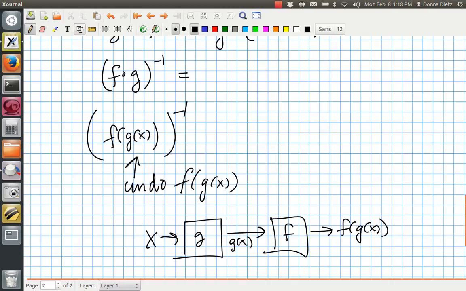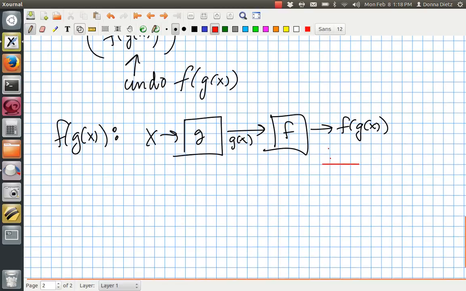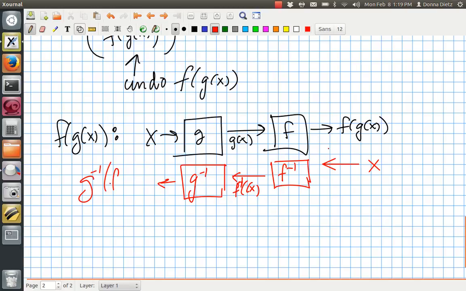That's the action f of g of x. Now, how do you undo that? You're saying, I'm starting here with something I'm calling x, but if I'm pushing backwards through f, now it looks like f inverse, because I'm coming the other direction. So this is f inverse of x. Then I'm pushing it backwards through here, so now it's g inverse. So it's going to be g inverse of f inverse of x.